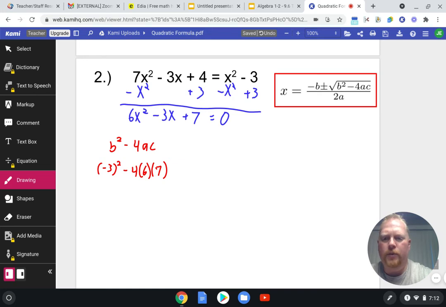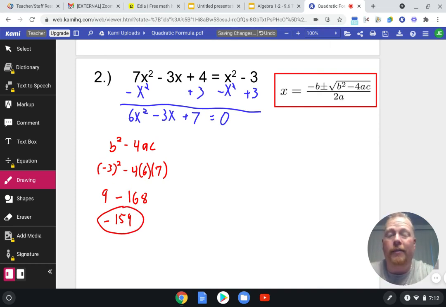So -3 squared is a positive 9. -4 times 6, that's -24. And -24 times 7, that's going to be negative 168, I think. So then 9 minus 168, that's going to be a negative 159. And that's the value of my discriminant.